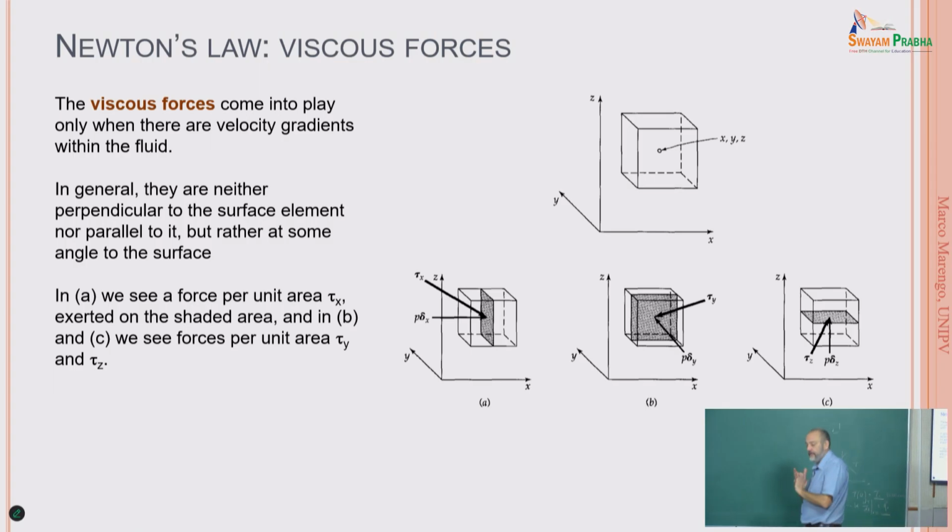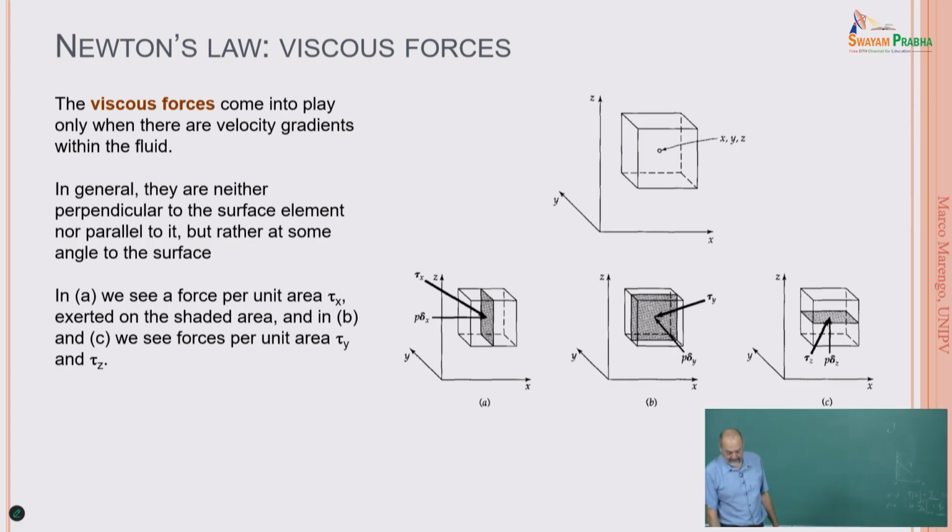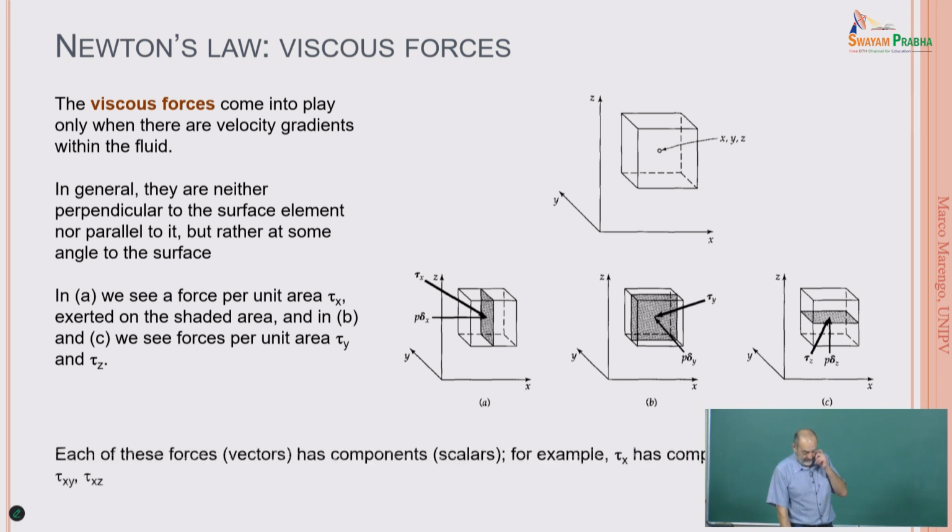So this means that, for example, we can think of a component of tau linked to the plane in the x direction, but this component tau depends on all three components of velocity. The same thing for the plane on y and the plane on z.